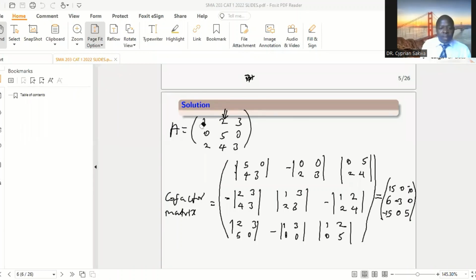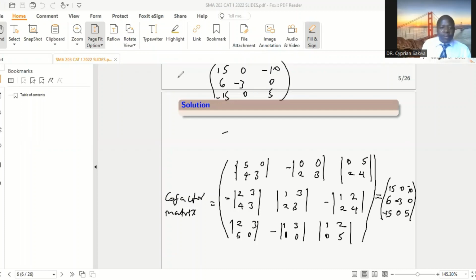So we just found that the cofactor matrix is 15, 0, negative 10; 6, negative 3, 0; and negative 15, 0, 5. This is the cofactor matrix.